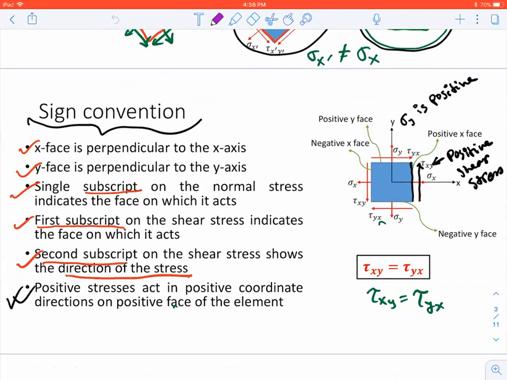Remember the X faces are perpendicular to the x-axis and the Y faces are perpendicular to the y-axis. This will be your positive X face. This is the negative X face, because it is facing the negative x-axis. This is your positive Y face, negative Y face.